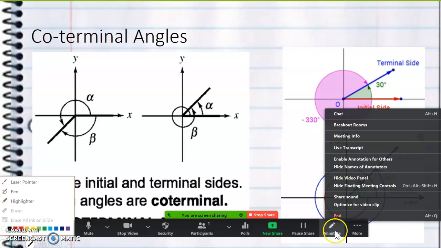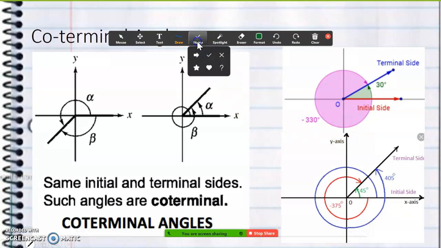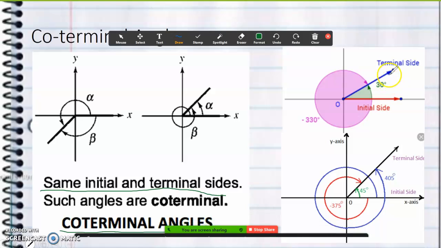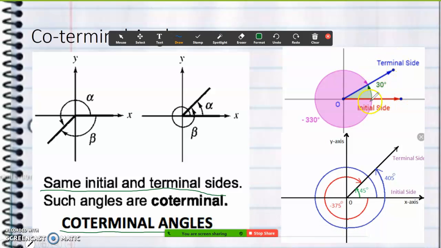The thing you need from this is the definition of a coterminal angle: they have the same initial and terminal sides, and you might want to draw these two pictures. For instance, this angle of 30 degrees starts with this red line and ends with the blue line.